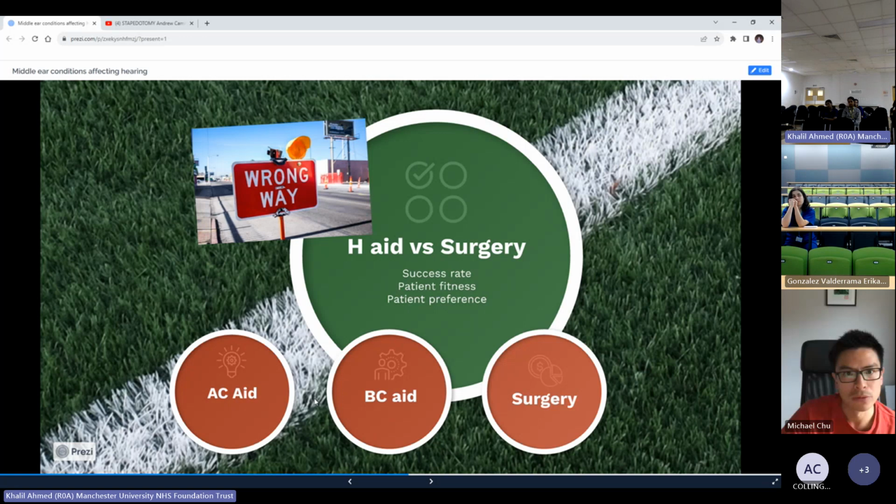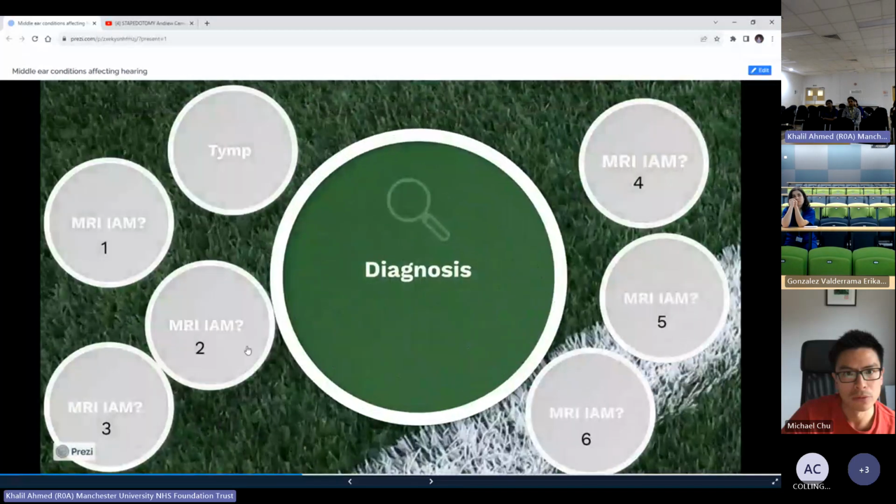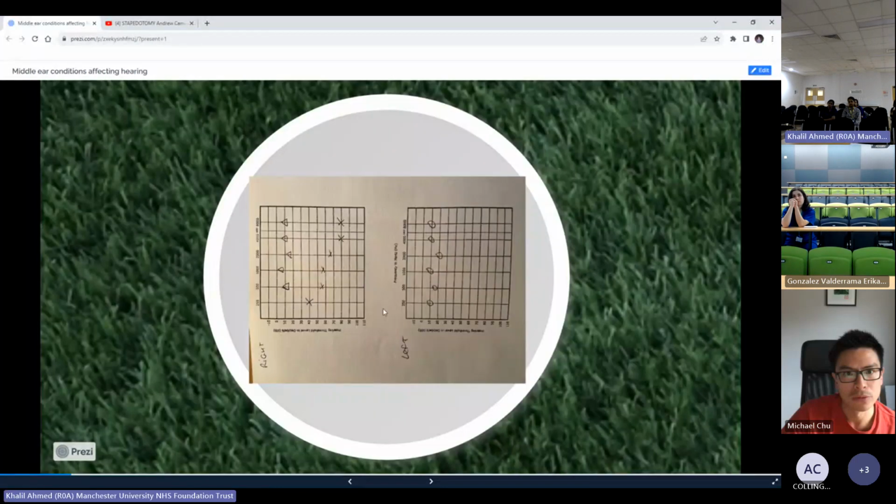And that is, let's go back to our audiograms again, back to number 1. Let's say this was a conductive loss, okay? And there's a normal other ear. If you put a hearing aid in this ear, what's going to happen?